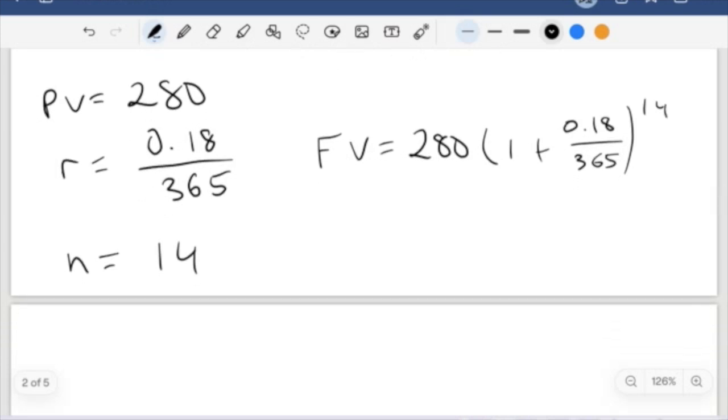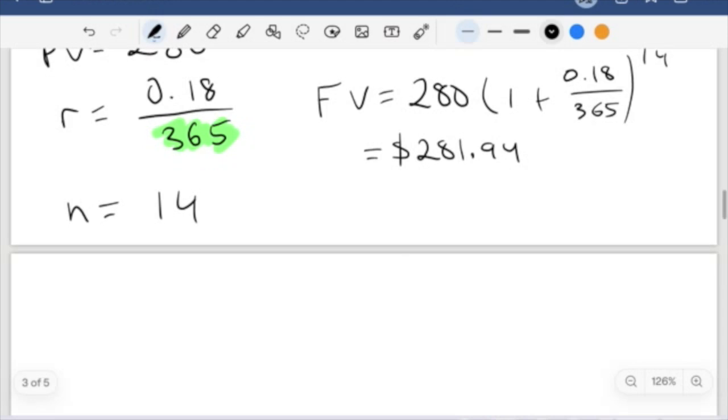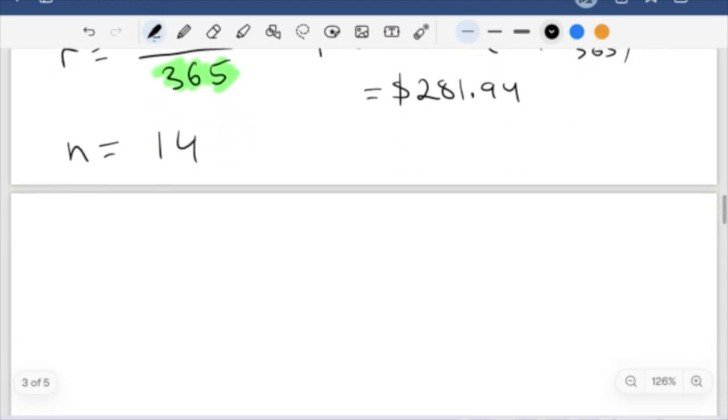So, like I said before, this is really just compound interest, but the only difference is because credit cards are charged daily, a lot of these rates that we have are going to have to get divided by 365 to find a daily rate. Okay, once we do this, rounding it to 2 decimal places, we get $281.94.